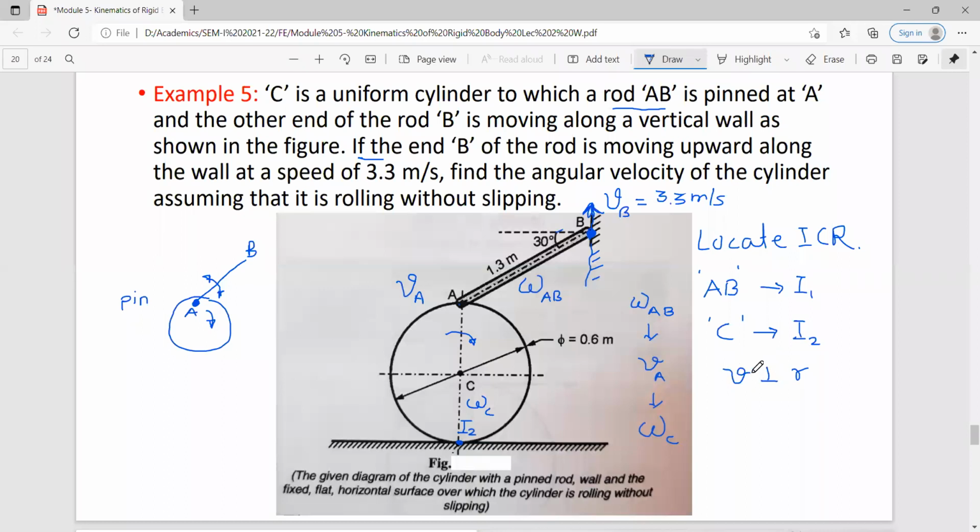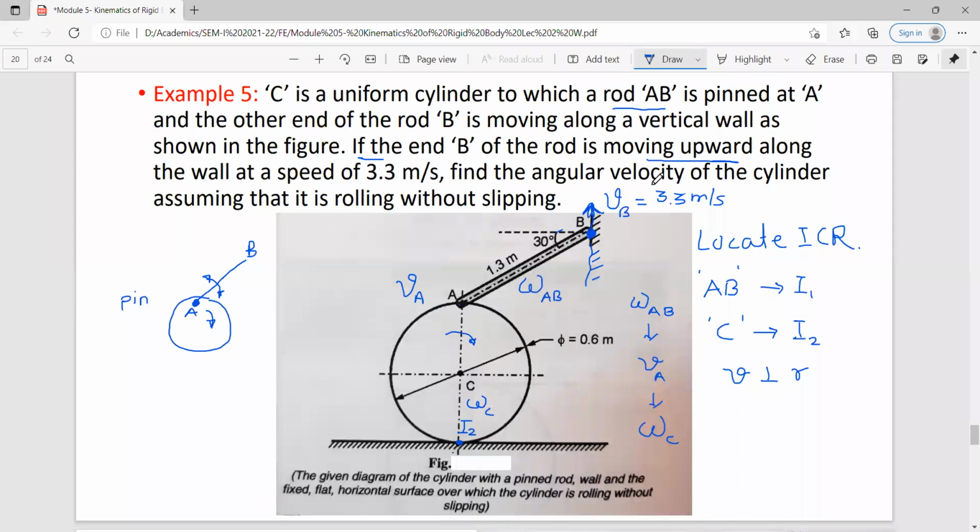So you tell me which points are there on rod AB. Obviously, if you want to find the ICR of rod AB, you must consider the points which are located on rod AB. So which points are located on rod AB? A and B. Out of that, we know the direction of velocity of point B, which is already given to us, that point B is moving upward along the wall.